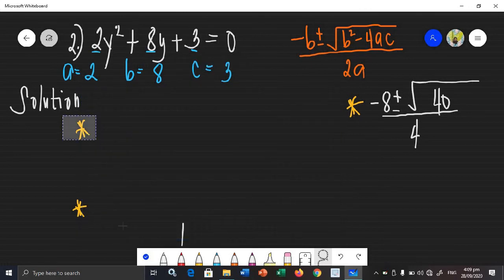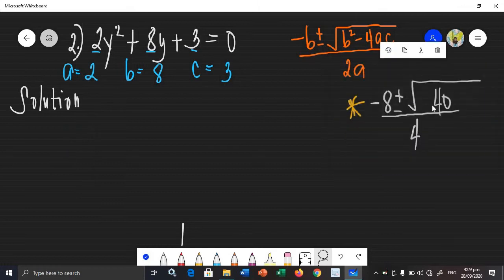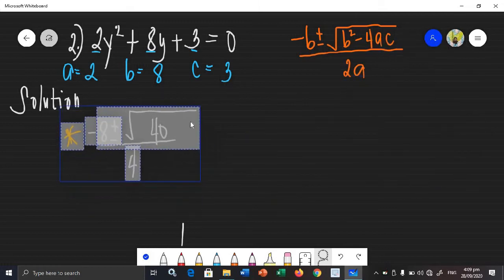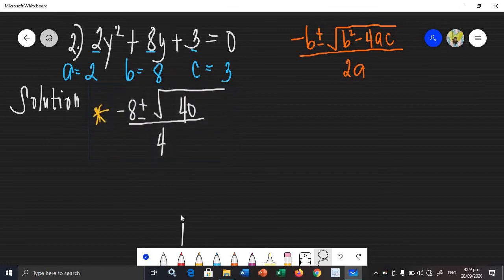So, I'm going to erase this part so we have more space. Then, I'm going to move this here. So, now, here, 40 is not a perfect square. So, we cannot simplify that. So, what are we going to do if the number we take the square root of is not a perfect square?